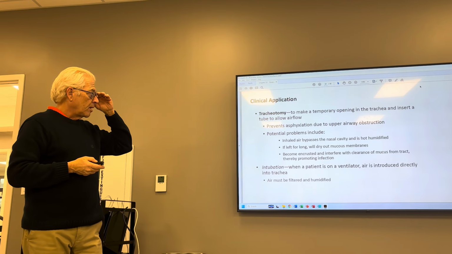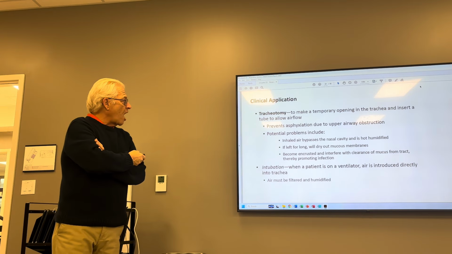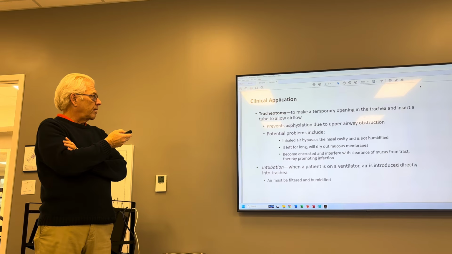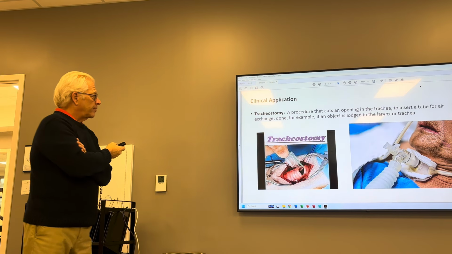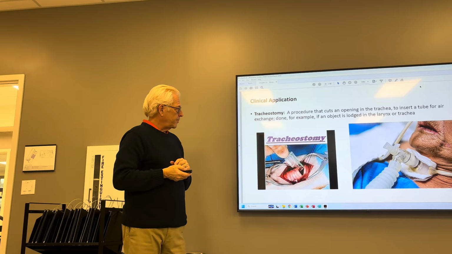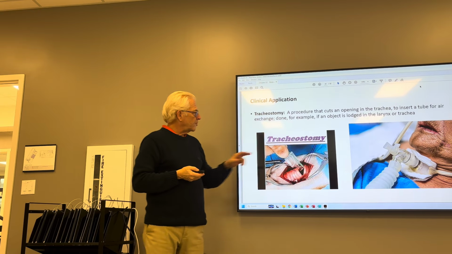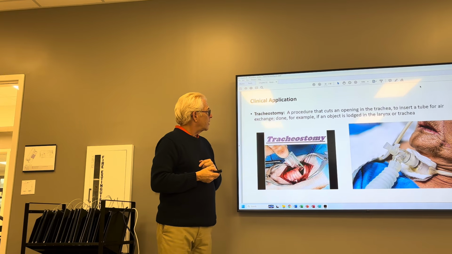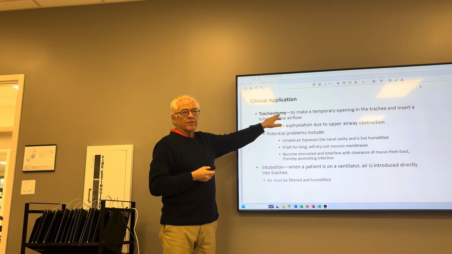All right? Ever heard of a tracheotomy? Yes or no? Yeah, okay. So it's an opening. And a tracheostomy. Okay? So tracheostomy is putting in a trach tube. Tracheotomy is making the cut. Why? Because guess what tomy means? To cut.